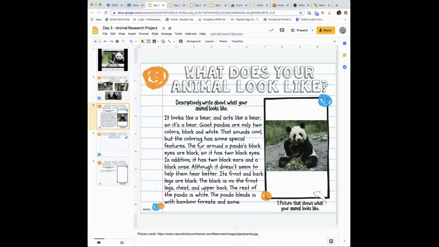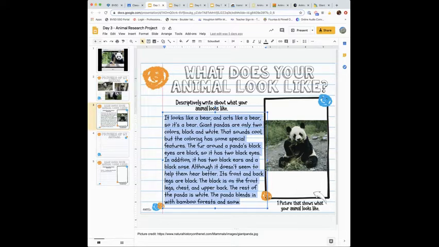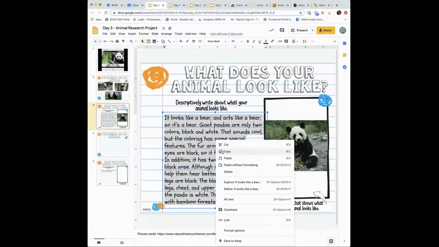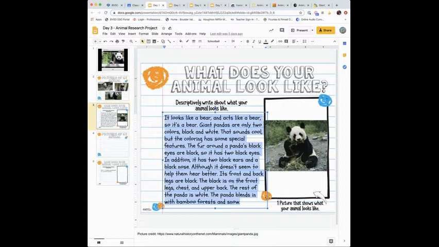I was really careful, and that means I feel really confident that this part is all in my own words. So in fact, what I'm going to do is highlight all of it, and I can use the right-click, copy, or I can use my hotkeys Control-C to copy this information.